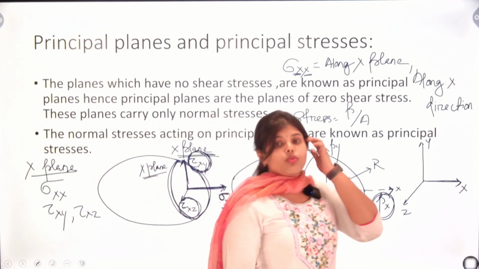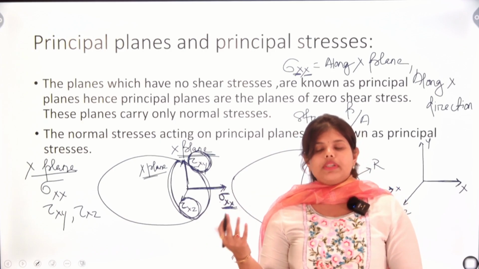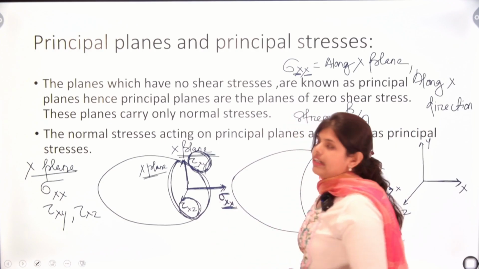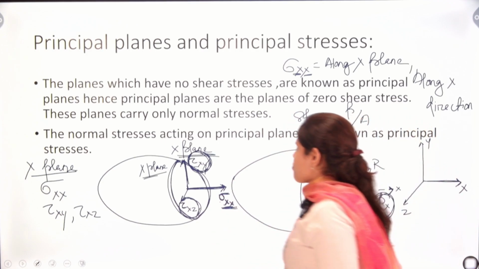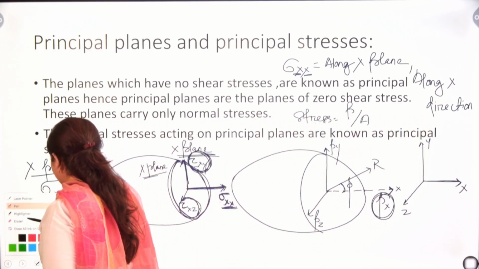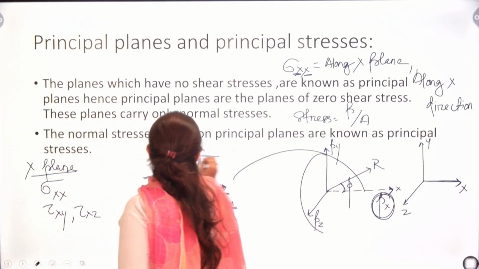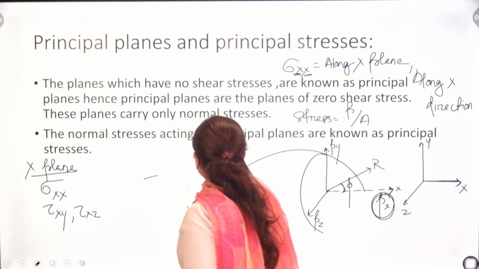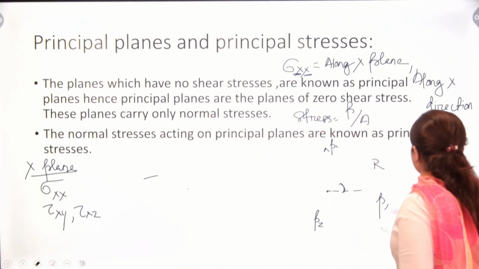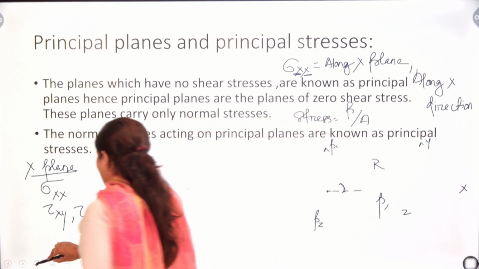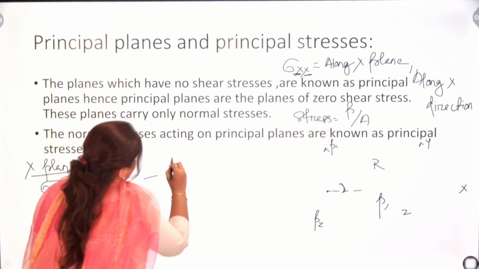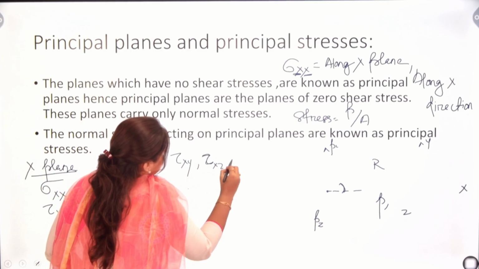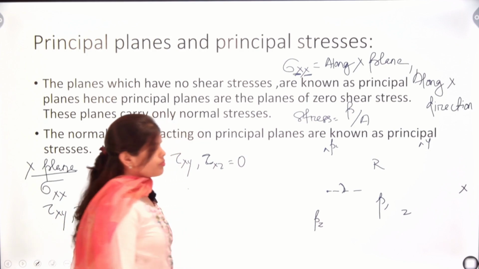Now, to know about the principal planes and principal stresses, let's take this tau xy and tau xz as 0. Okay. So, we will consider the shear stress, that is tau xy and tau xz, as 0.